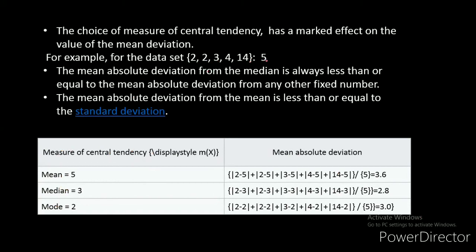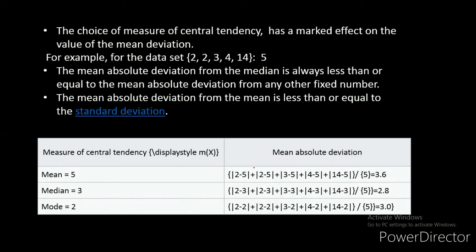Their mean is 5, median is 3 and mode is 2. From the mean, the mean absolute deviation is 3.6. From the median, this MAD is 2.8. From the mode, this MAD is 3.0.